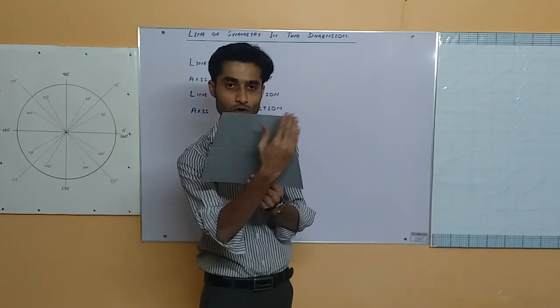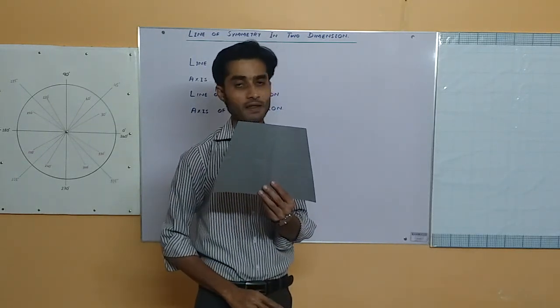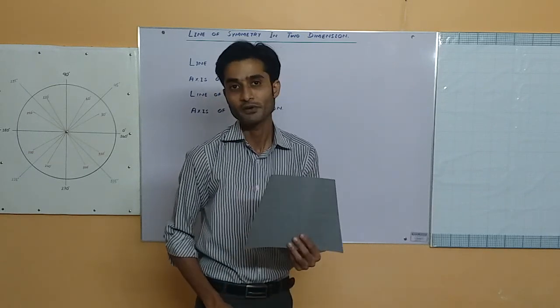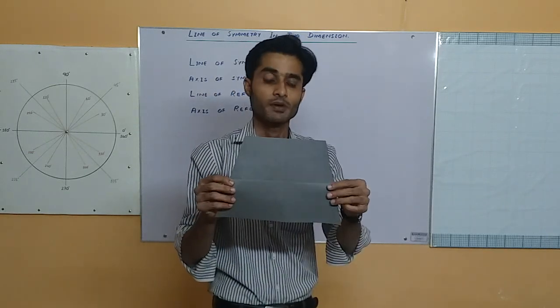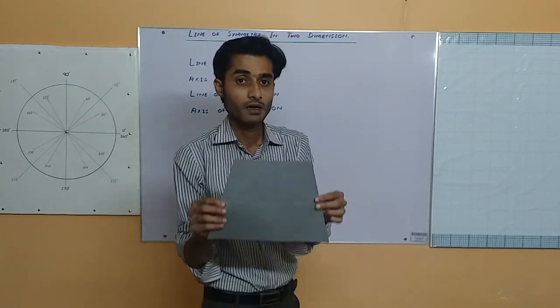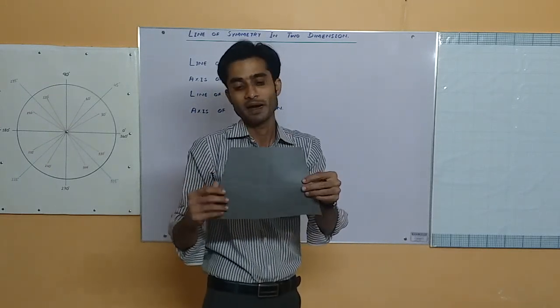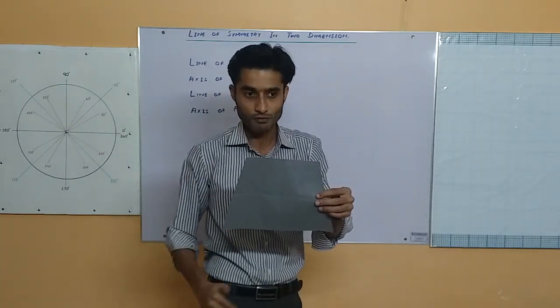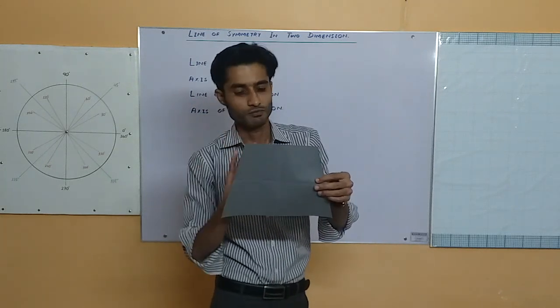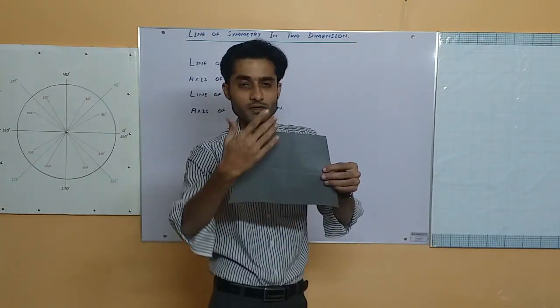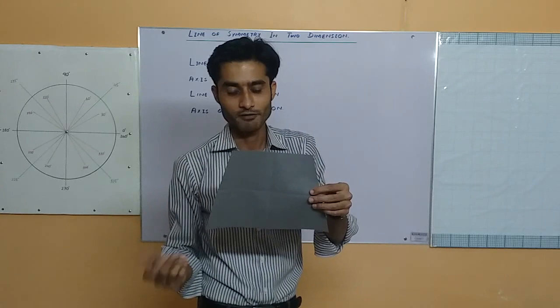If the first half does not overlap the other half completely, then we won't call it a symmetrical shape. Is it a symmetrical shape? Does it have any line of symmetry? If it has any line of symmetry, then you might need to draw that line of symmetry first of all, and then you can say that the first half is symmetrical to the other half.